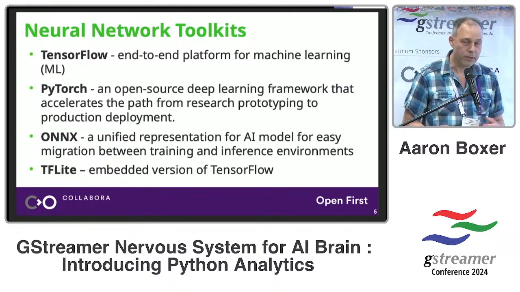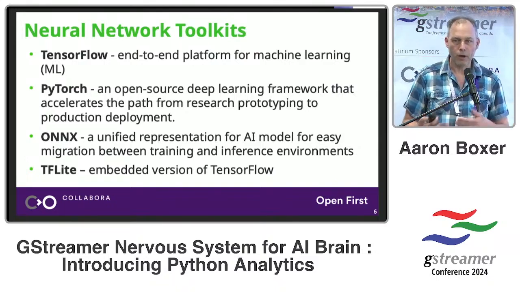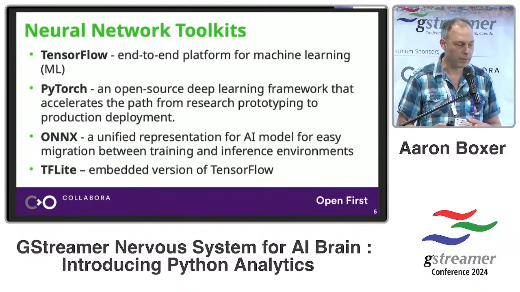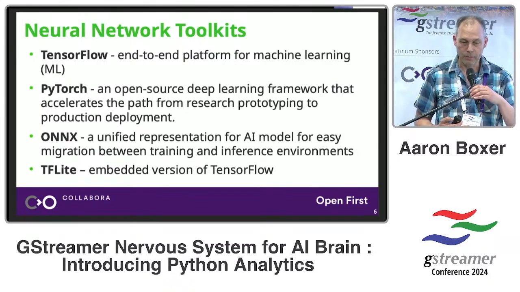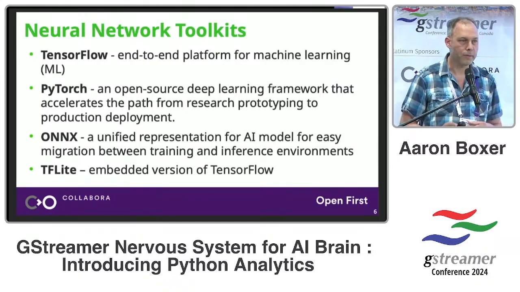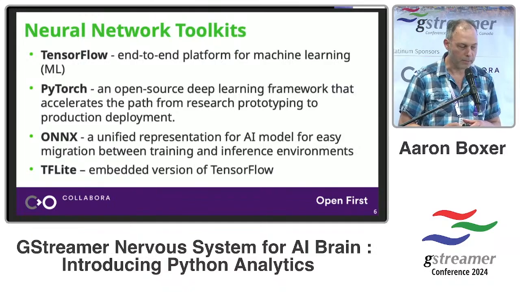ONNX is a runtime and a file format, so you can train a model in PyTorch and then export it to ONNX format and run it in a different environment, like on Windows, for example. And there's TF-Lite, which is a lightweight version of TensorFlow, and it's popular in the embedded world because you can take your blob from the vendor and wrap it up as a TF-Lite delegate, and then clients can use a common API for those bits.